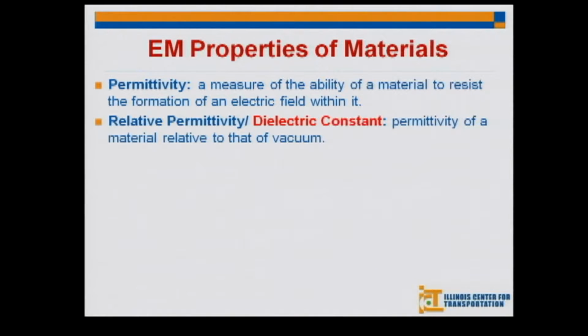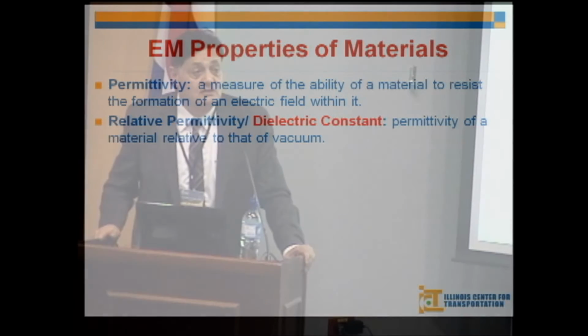Before we start talking about GPR, there are a couple of terminologies that I wanted to make sure we share here. The first one is the permittivity. Permittivity is simply a measure of the ability of a material to resist the formation of an electric field. And usually we consider the air as a reference.